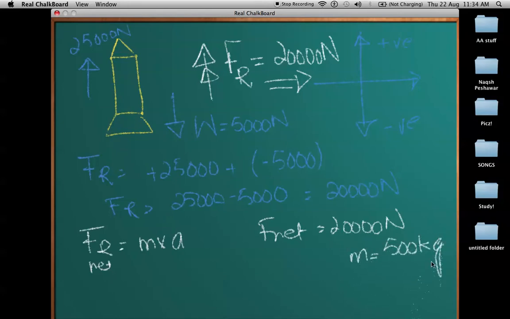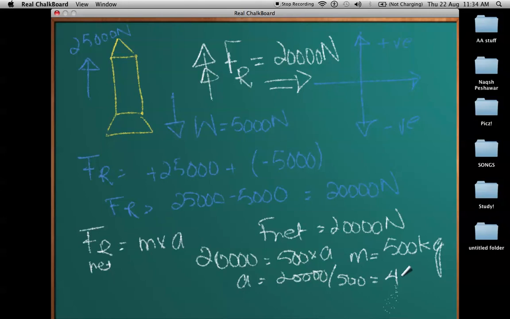Now remember, this is not the weight, this is the mass. Initially the mass of the rocket was 500 kilograms. We need to find the acceleration. So it's very simple. 20,000 is equal to 500 times a. a is equal to 20,000 divided by 500. This would give me 40 meters per second squared.